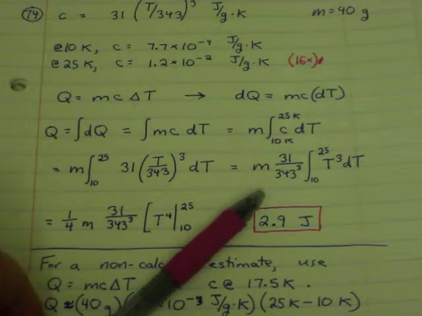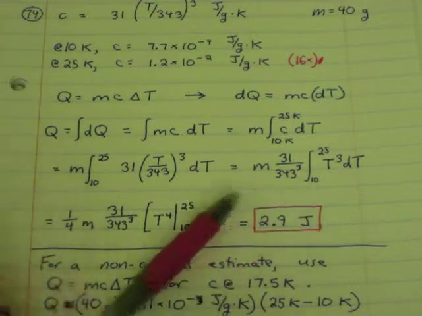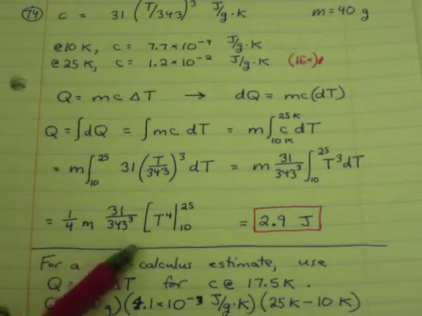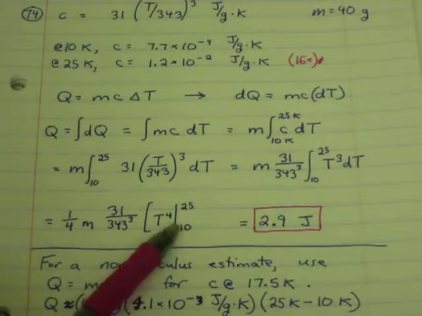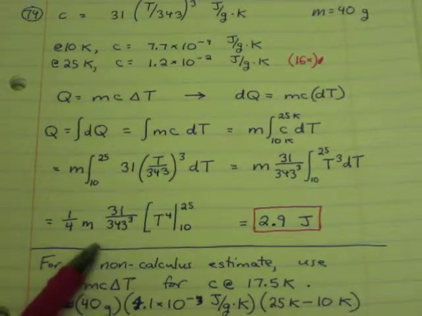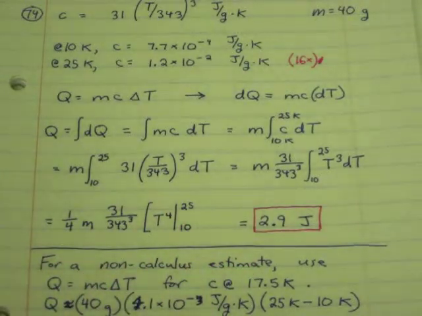The integral of T cubed dt is 1/4 T to the fourth power, so there's my 1/4. All these other constants, here's T to the fourth power, taken from 10 to 25. When you plug in all that and take your mass of 40 grams, you should get an answer of 2.9 joules.